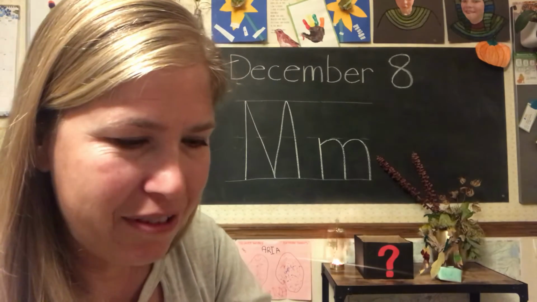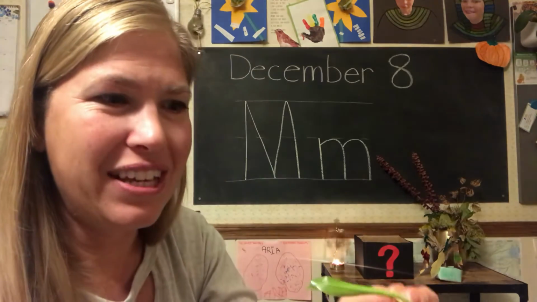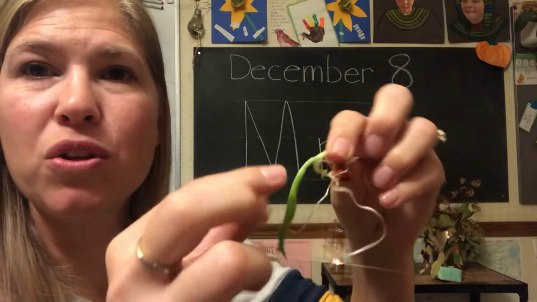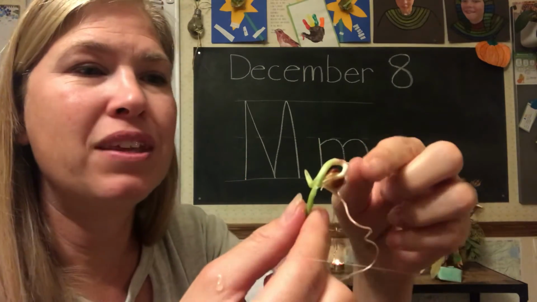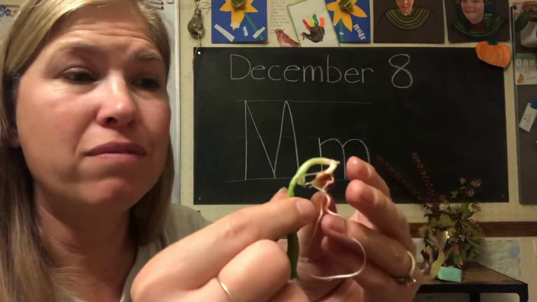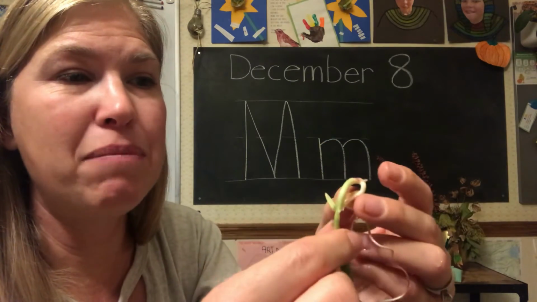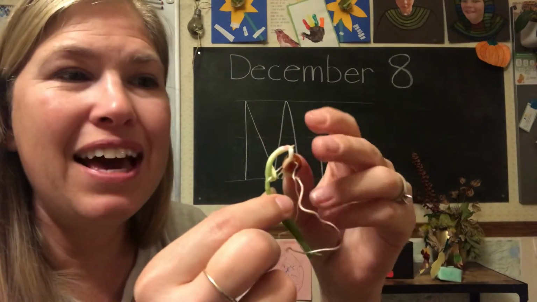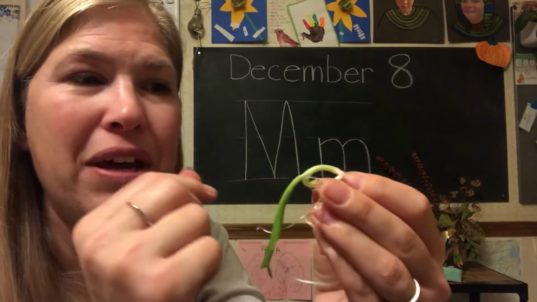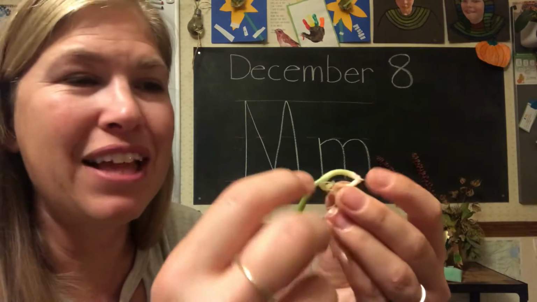Well, I have one interesting example. This was a little corn kernel that fell off of the cob, and it was laying in the water. And it must have been laying this way first, because that's the way that it started growing, was up. And then it must have gotten turned a little bit. And then it was growing that way.